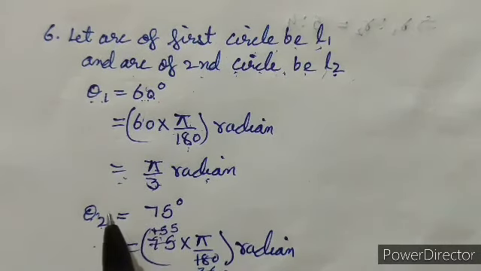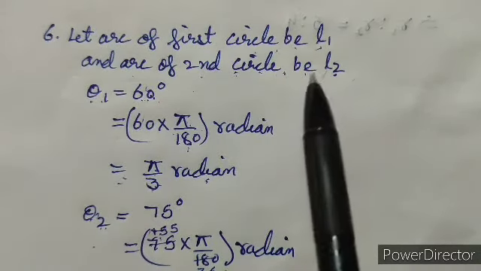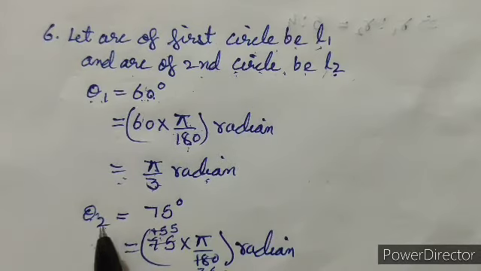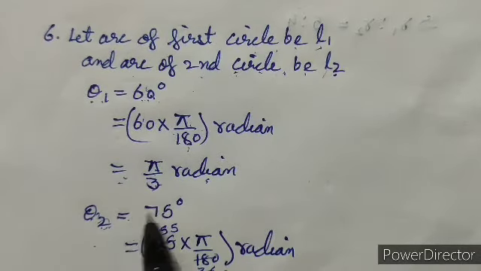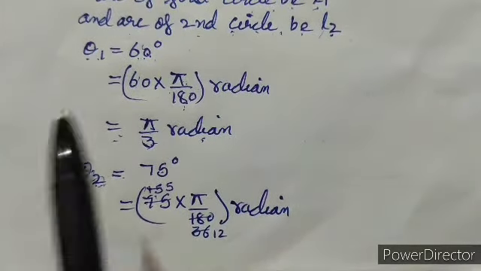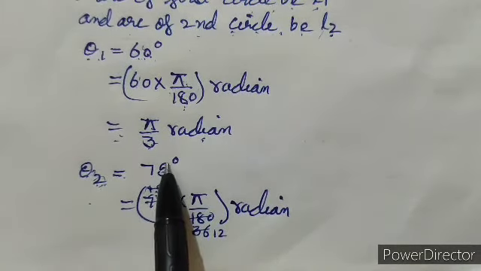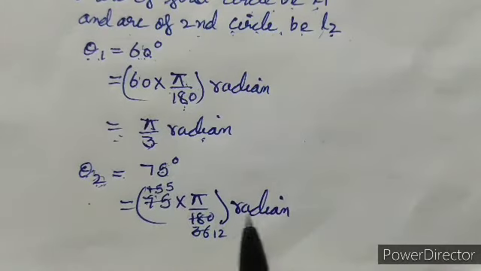Similarly, angle subtended by the arc of the second circle on the center is theta 2, and that is given to us as 75 degree. Now again we will have to convert the 75 degree into radian measure by multiplying it by pi by 180, which gives us theta 2 equal to 5 pi by 12.